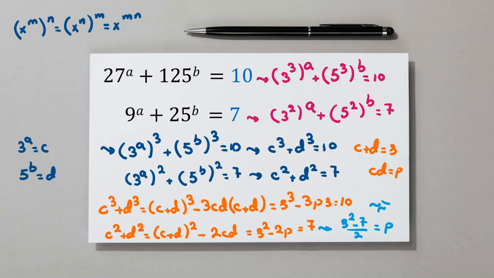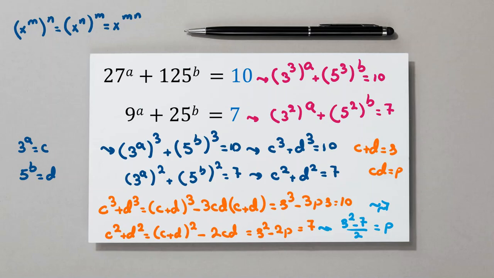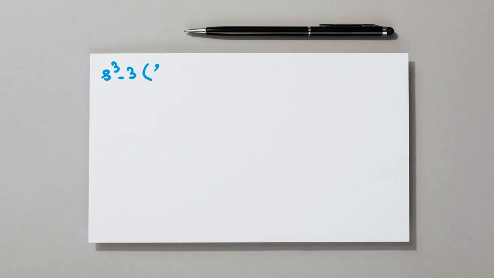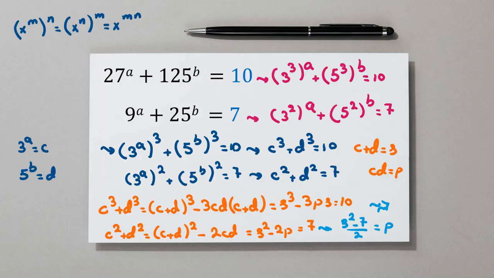Now I replace p in terms of s in the first one, s cubed minus 3ps. So s cubed minus 3, instead of p we write (s squared minus 7) over 2, times s, equals 10.